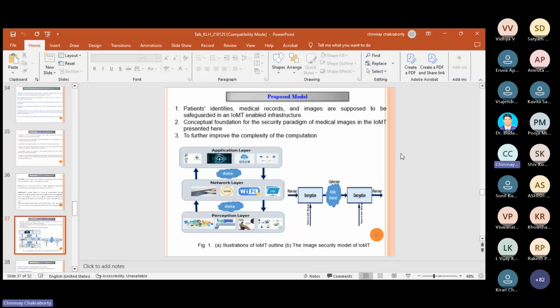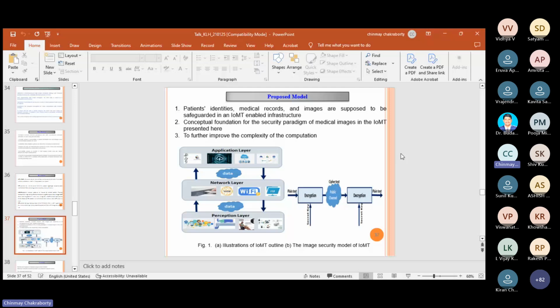So that's why we have designed this lightweight encrypted model using federated learning. It provides a very good response. These data can be processed through the different layers we have already discussed, like your perception layer, network layer, and application layer also.